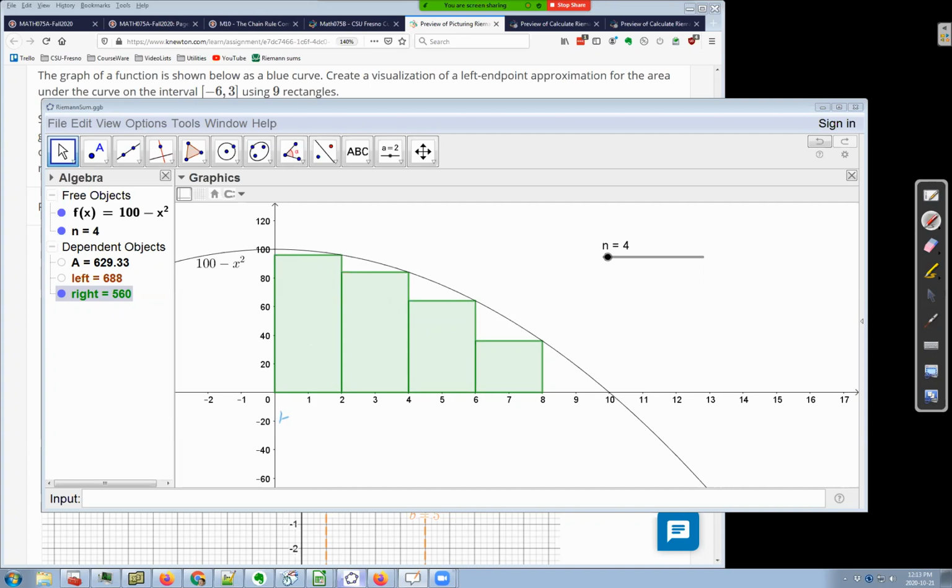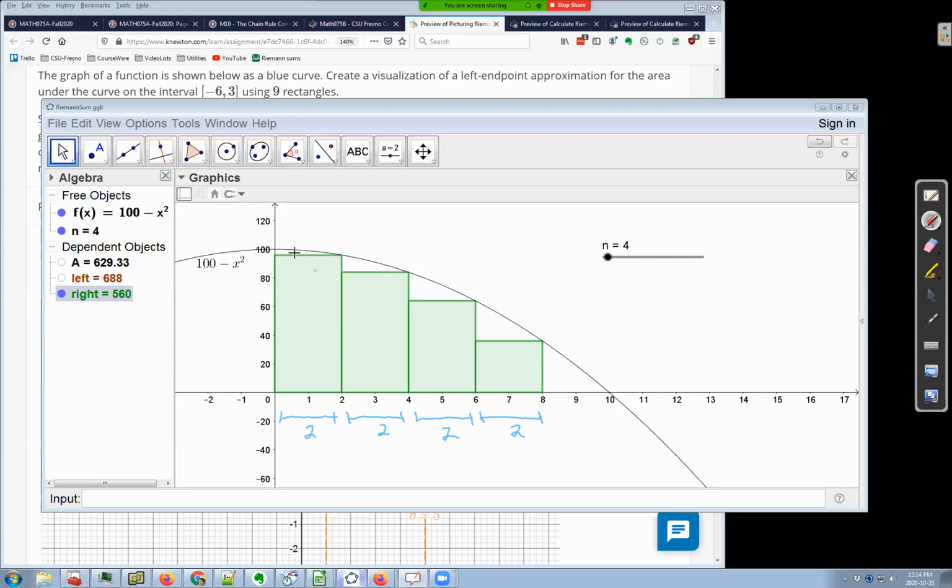The base of this rectangle is 2, and the base of this rectangle is 2, and the base of this rectangle is also 2. So that was easy. Now to find the area of a rectangle, you have to do base times height, and so I need to figure out what the height of this rectangle is. How am I going to figure that out?